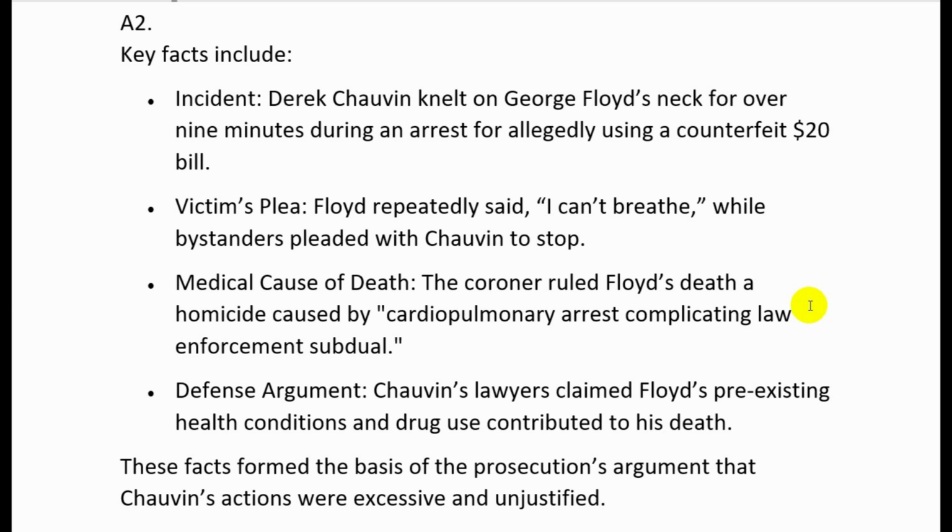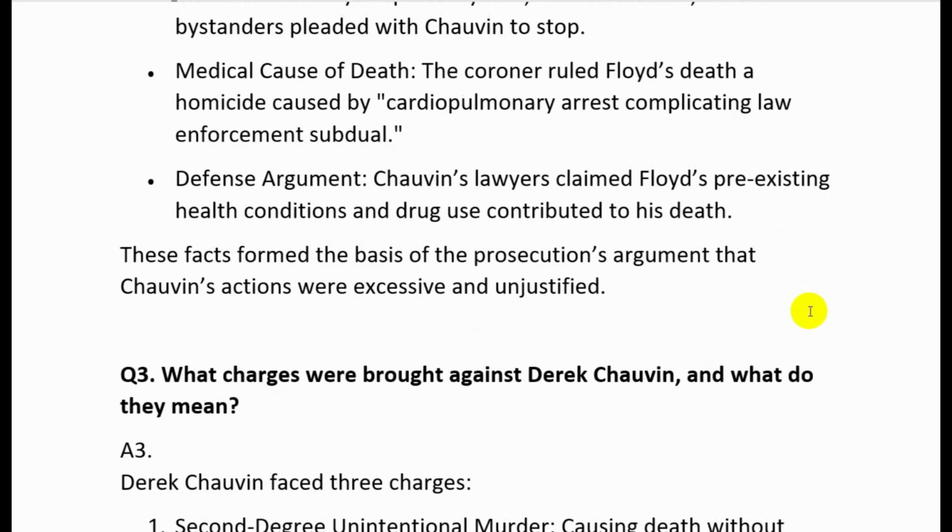Medical cause of death: the coroner ruled Floyd's death a homicide caused by cardiopulmonary arrest, that is almost like a heart attack, complicating law enforcement subdual. Defense argument was that Chauvin's lawyers claimed Floyd's pre-existing health conditions and drug use contributed to his death. These facts formed the basis of the prosecution's argument that Chauvin's actions were excessive and unjustified.